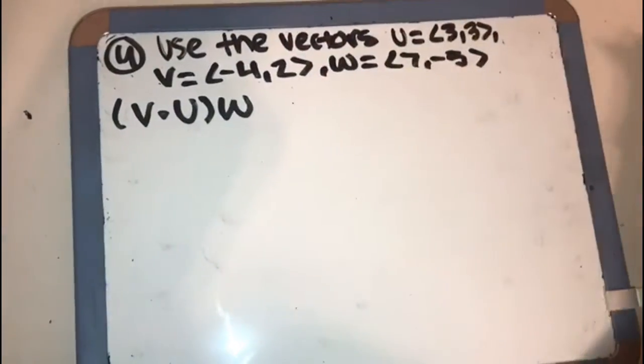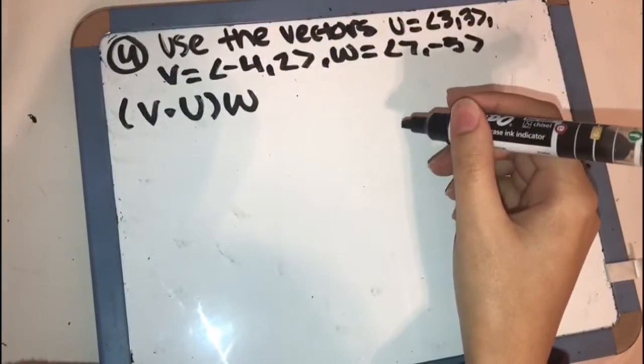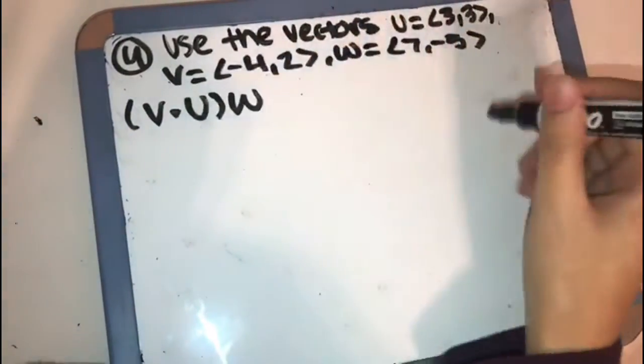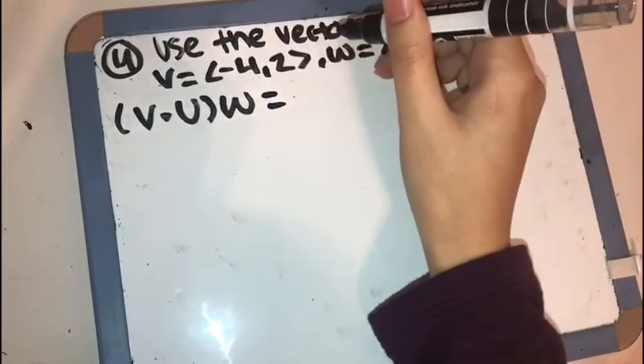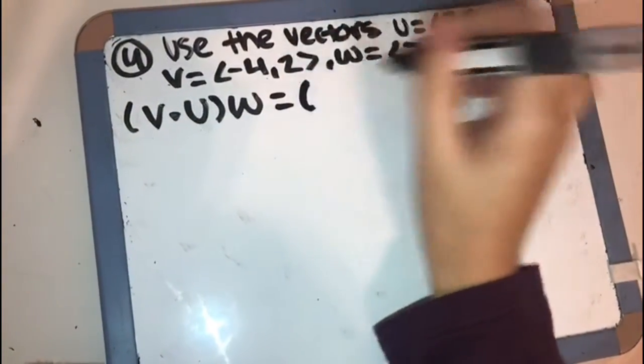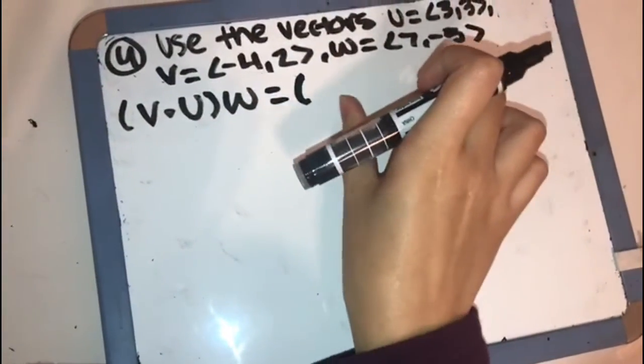So how are we going to do this? Let me just make an equal sign right there. Let's put them together on both sides.